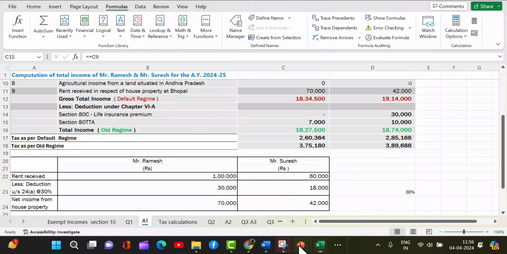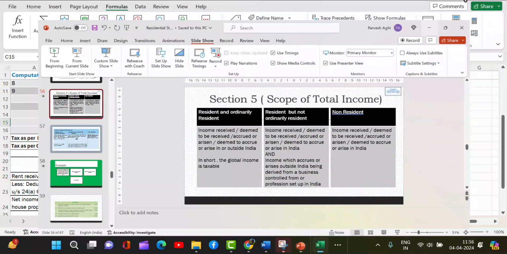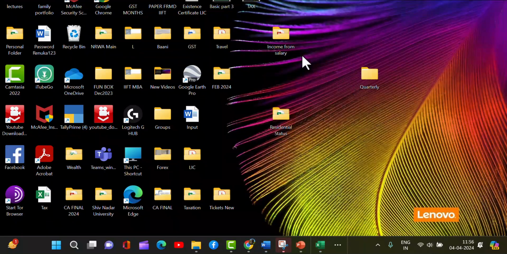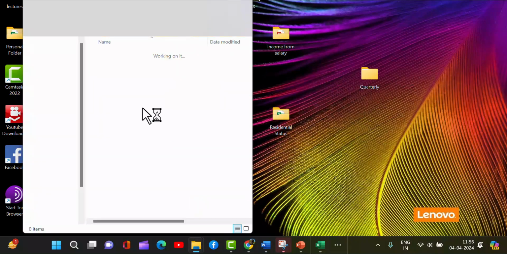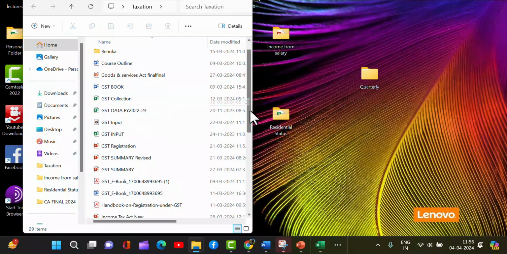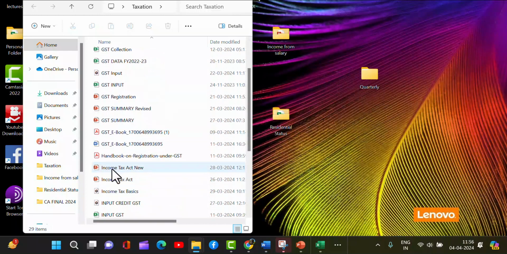So that you should keep in mind. And last time, I had given you as per the book. I'll just show you what the book says, which is income tax, the basics.